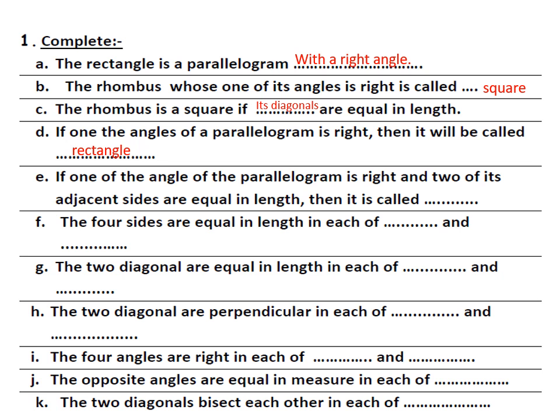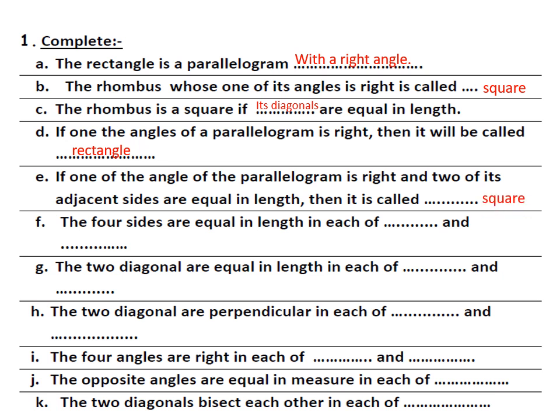And if two of its adjacent sides are equal in length, we have another property. So you now have a rectangle and two of its adjacent sides are equal in length, so you have another property, so the rectangle will be a square.